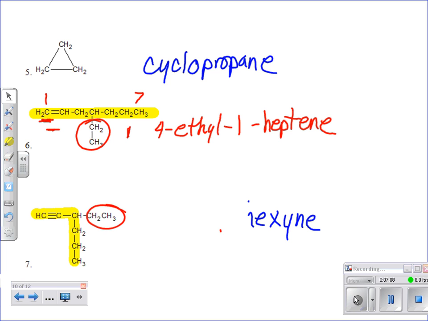I left off my triple bond. So we've got our number 1 is where our triple bond is. So we've got a 1-hexyne, and then we come back and we say that we've got that 3, the ethyl coming off of our 3rd carbon. So it's a 3-ethyl 1-hexyne.